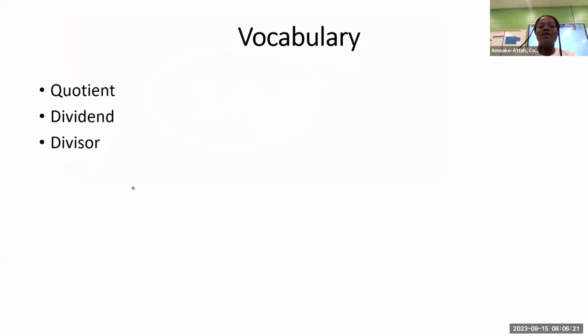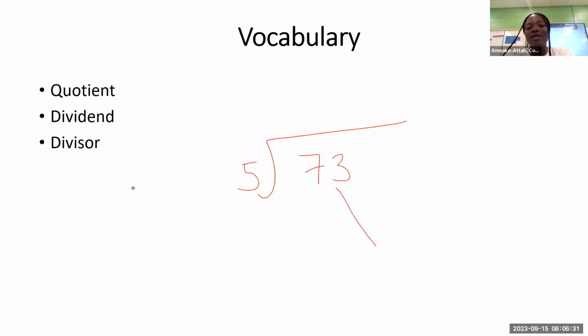Example, if I have, let's say 73 dividing 5, it means that how do we call the number in? How do you call the number out? How will you call your answer? And if there's any remainder, if there's any left over, that will be your remainder.